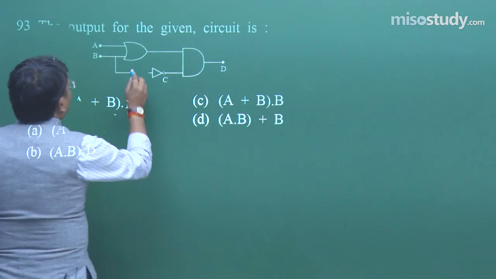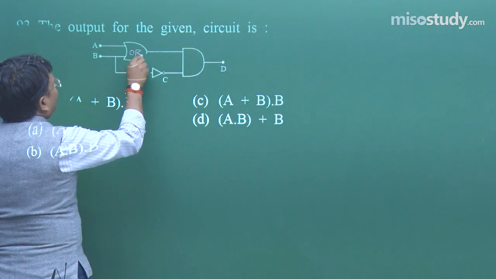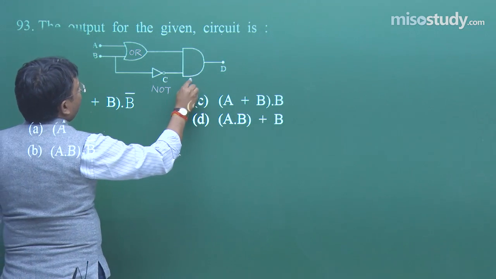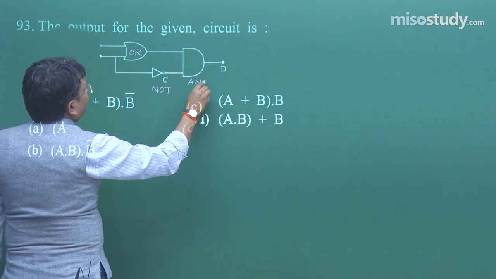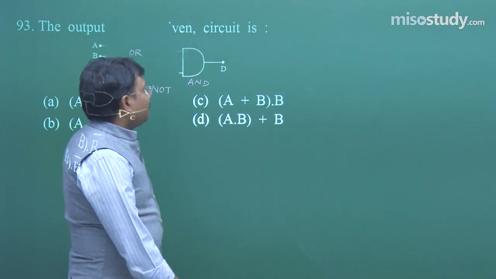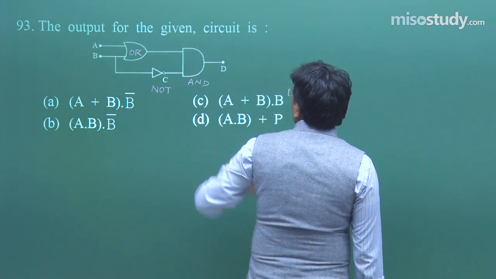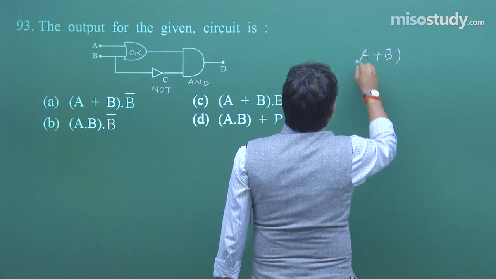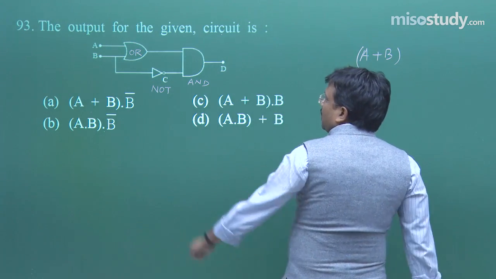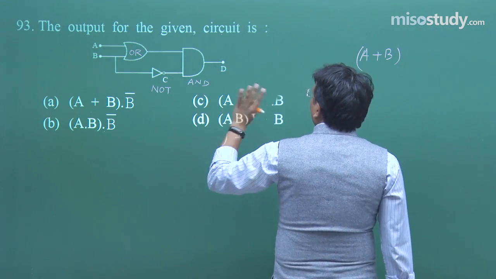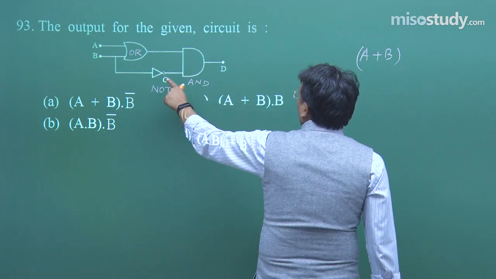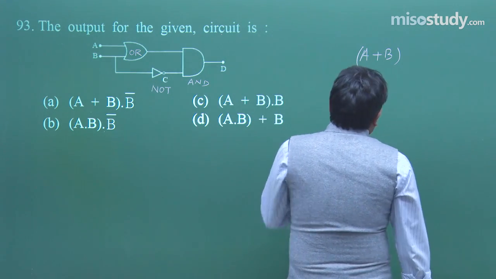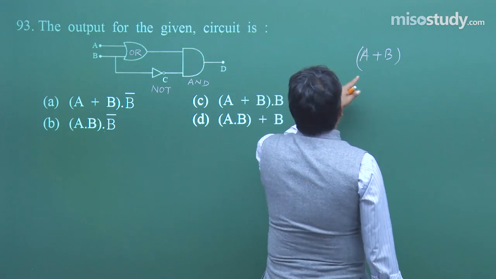This is your OR gate, NOT gate, AND gate. For OR gate I will write A plus B, and for AND gate, but before that, there is one NOT gate present in this situation. So this scenario is A plus B.